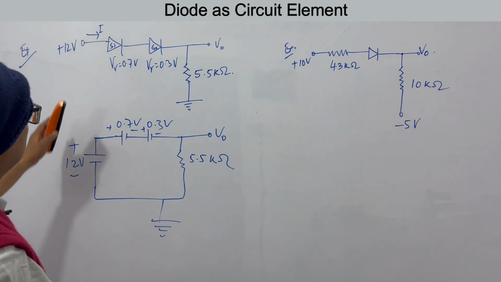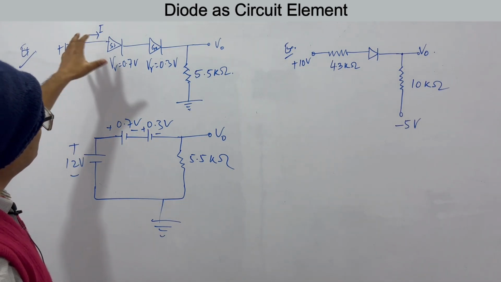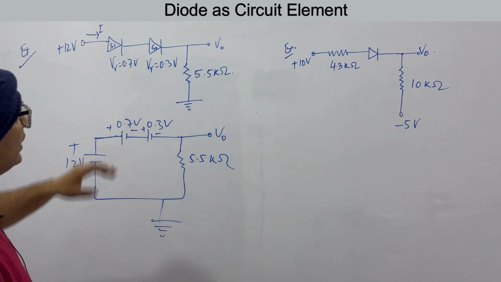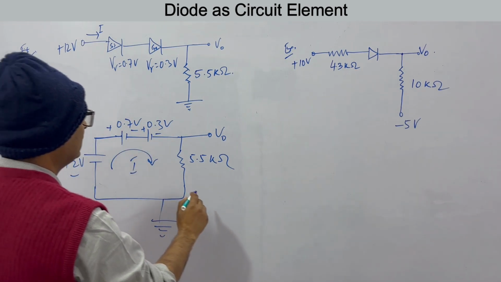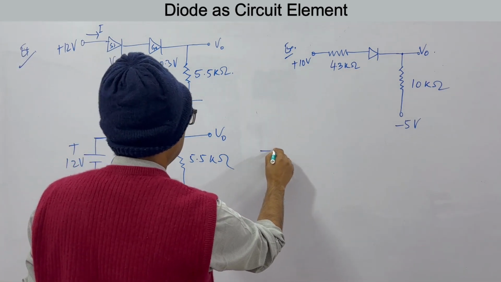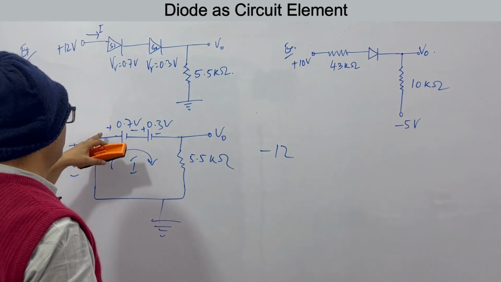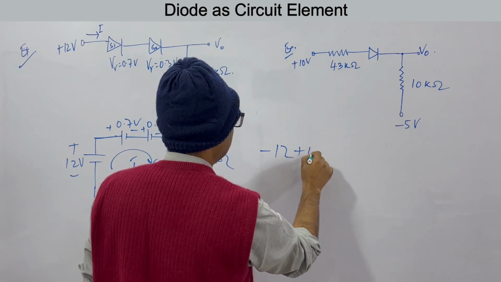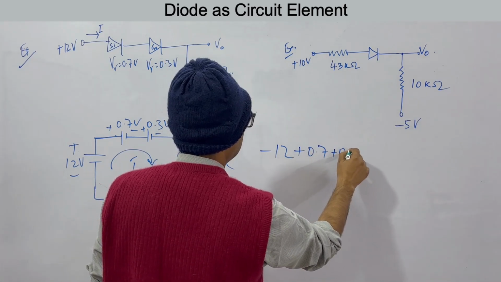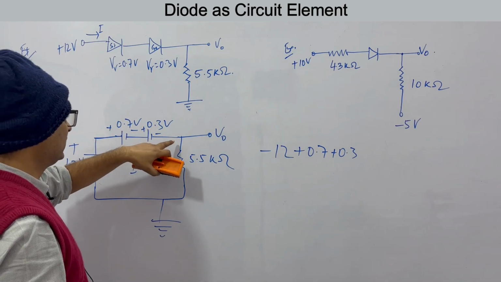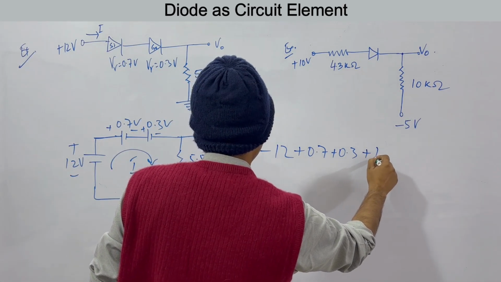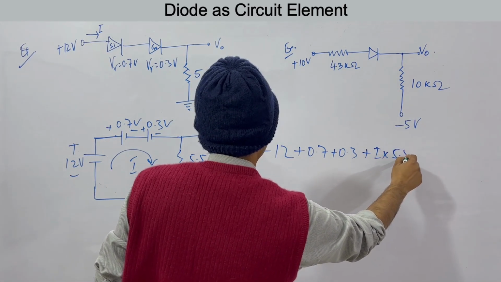So the equivalent circuit is not equivalent; this is the actual circuit, represented like this. So you have to find I. What will be I? See, I'm writing it here. Minus 12 volts plus 0.3, 0.7 and plus 0.3. See, this is minus to plus, plus to minus, plus to minus, and then I into 5.5 kilo ohms.